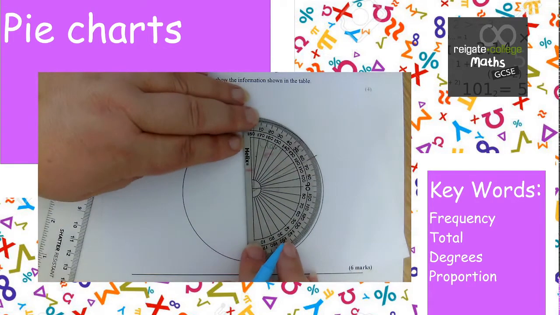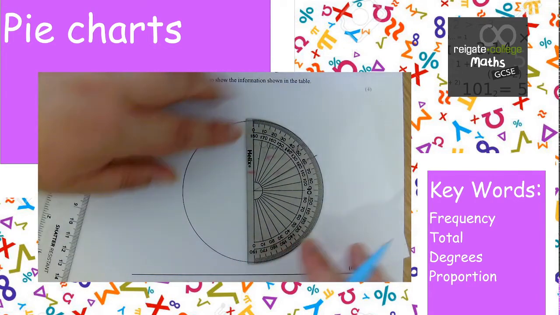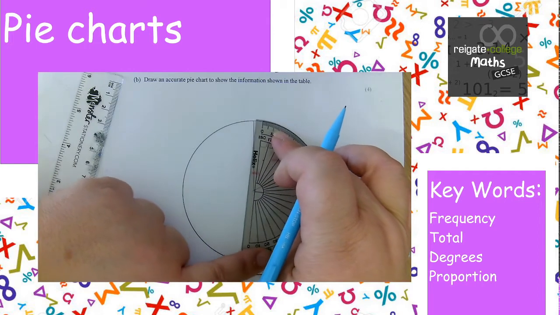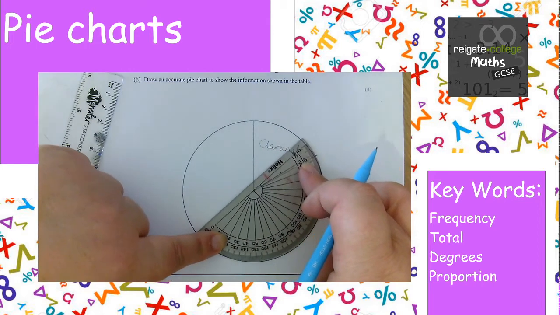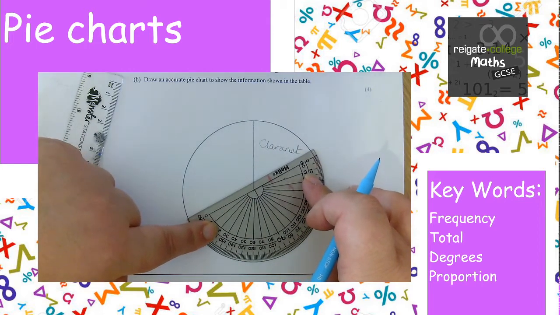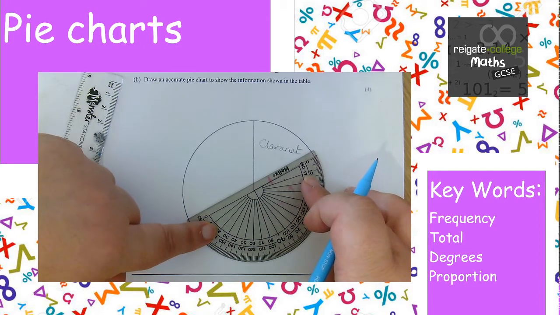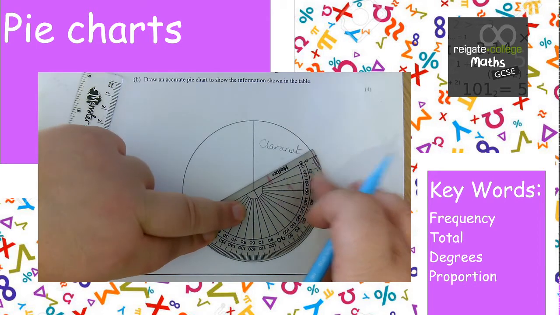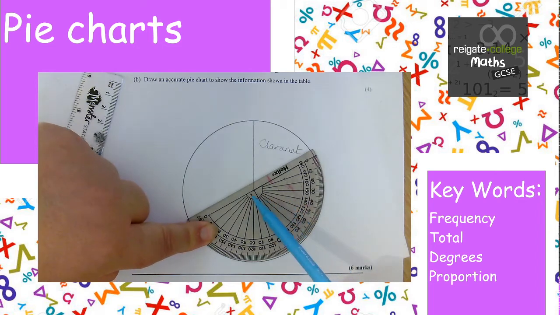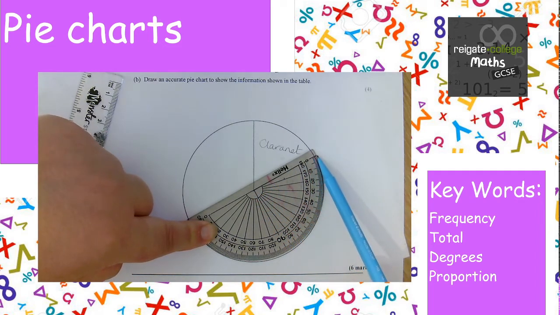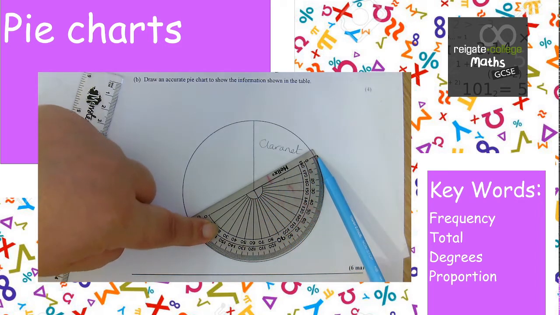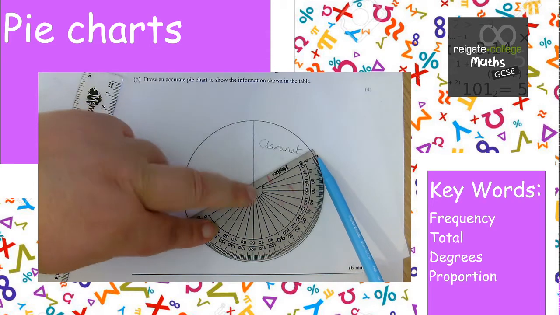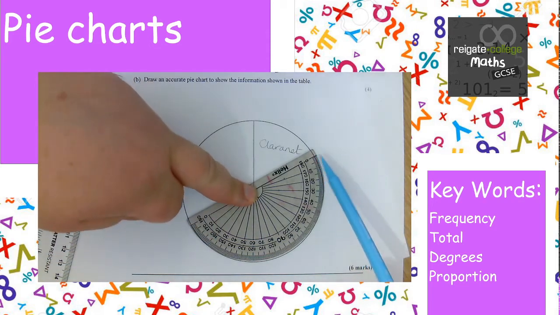Now, my protractor started here. I'm going to move it in a clockwise direction until the line lines up with the one that I just drew. Having done that, I'm now going to look at the 0 and measure my next angle, which is 144. So this one's quite a big one.